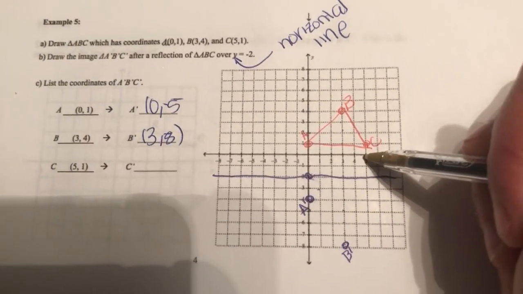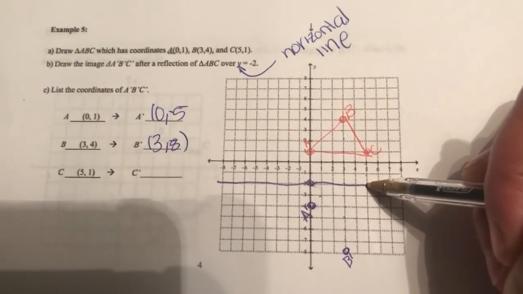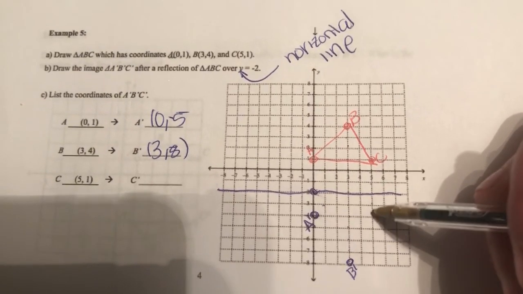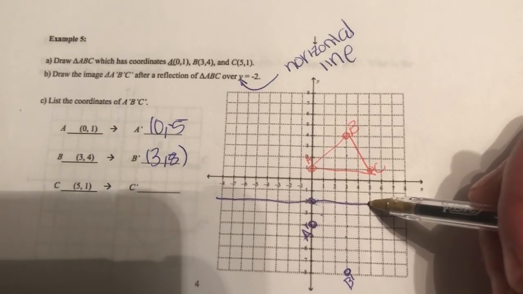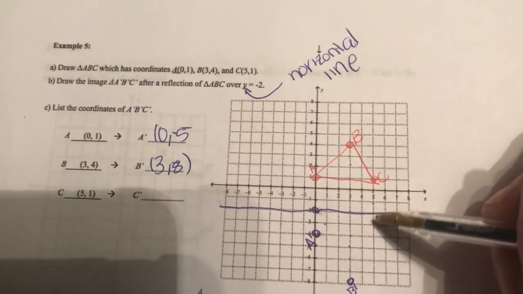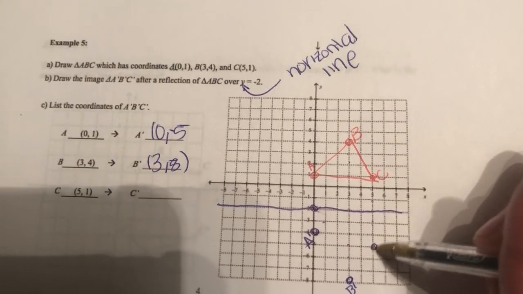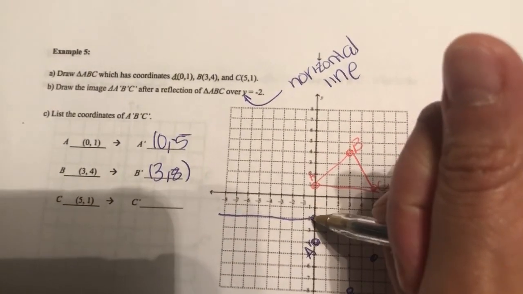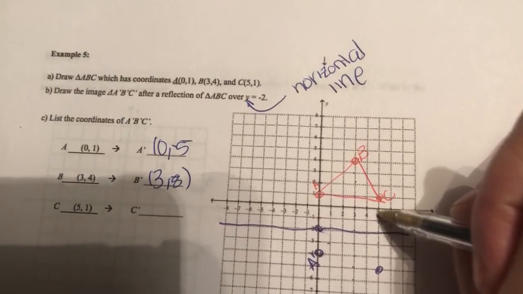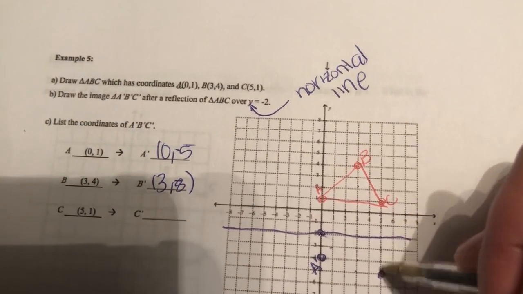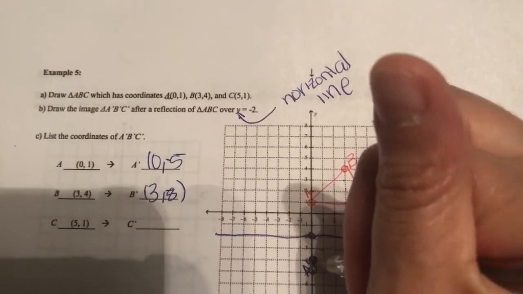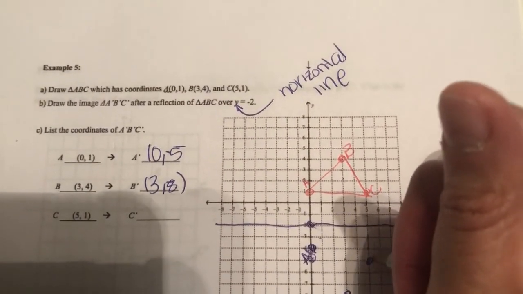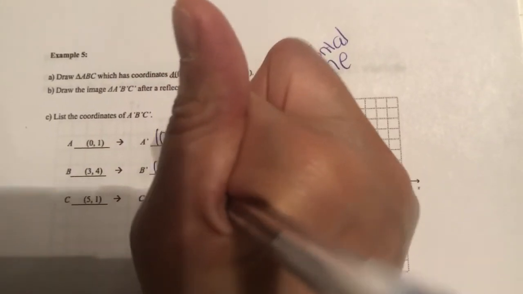Same thing for C, it's 3 spaces away, so I'm going to go 3 spaces the other way, 1, 2, 3. Oh, this should be lower. I'm sorry. All right, and my C prime would be 5, negative 5.